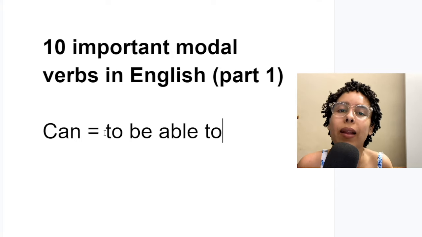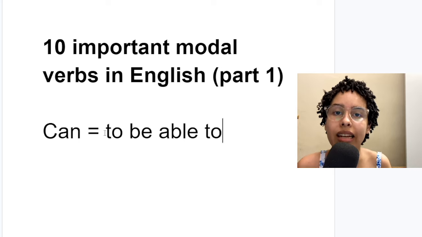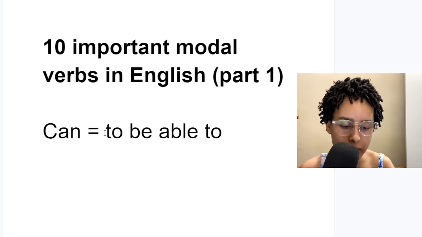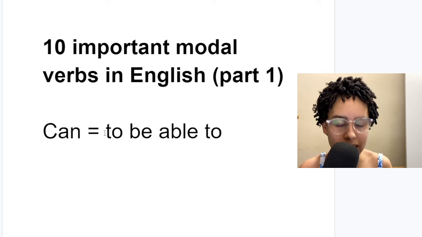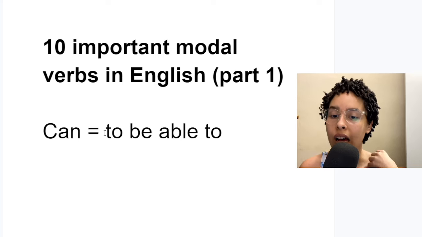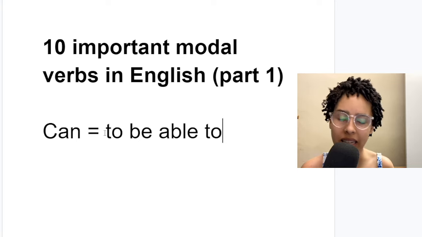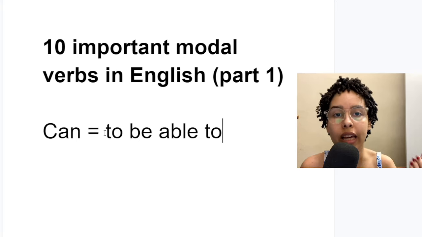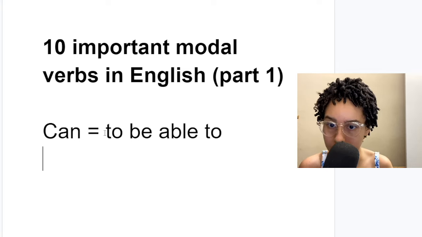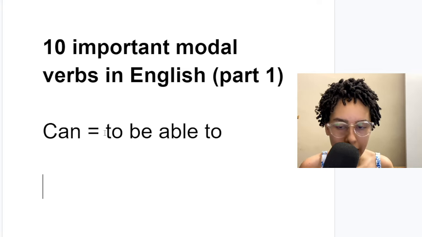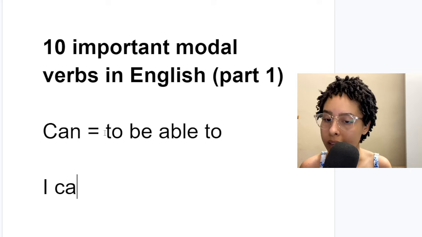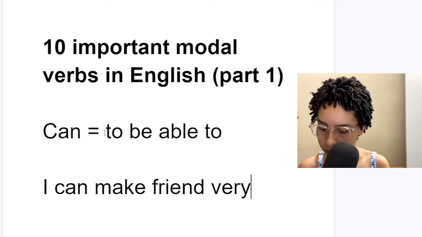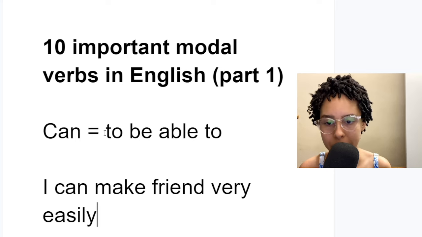So can implies capacity. It's when you're able to do something, when you are capable of doing something. So it implies capacity, either physical or mental, to do something. For example, I can make friends very easily.